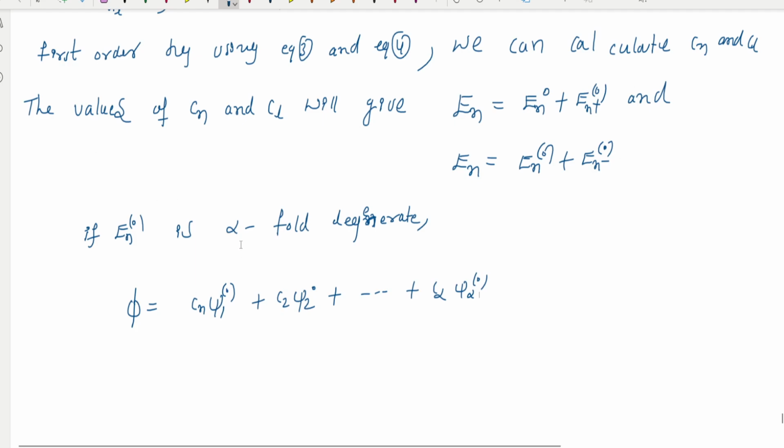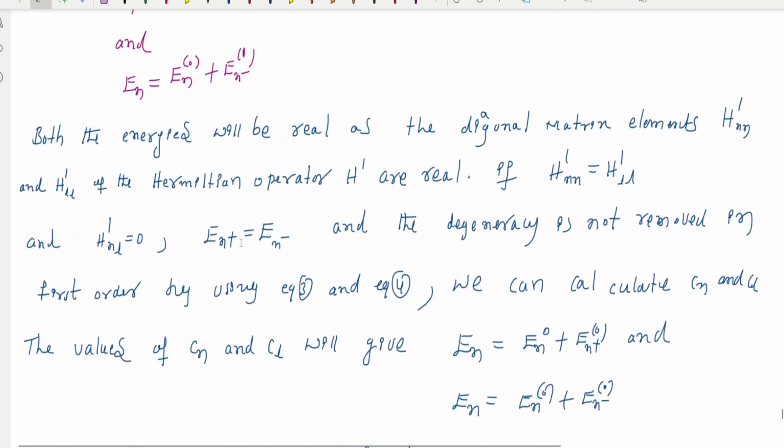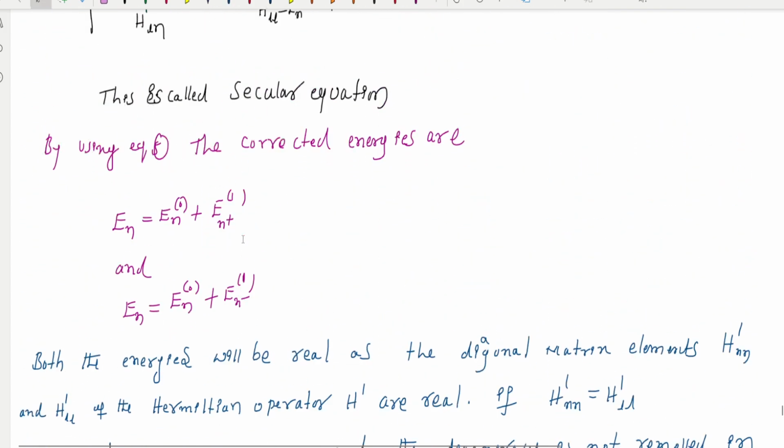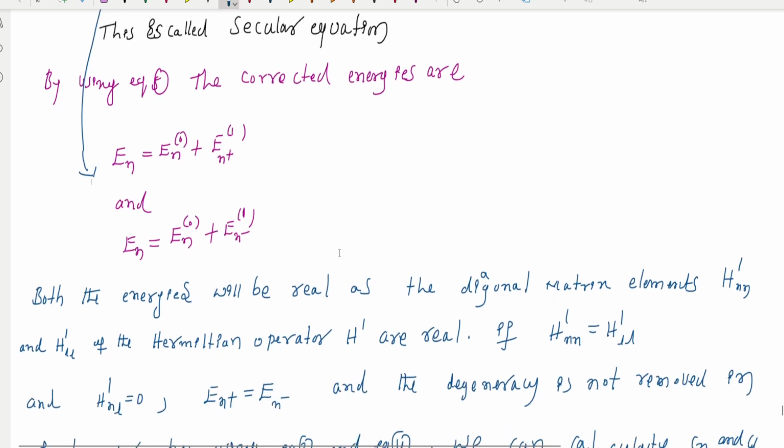Like that, you can calculate 3-fold, 4-fold, 5-fold degeneracy. Here we considered only 2-fold degeneracy, and this is enough. This portion is very, very important. If you can't get it by using this secular equation, these two equations, please comment below. I will explain this, and you'll get it easily. These two equations are very, very important.